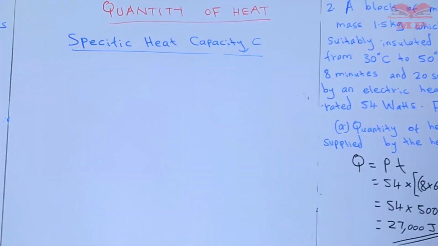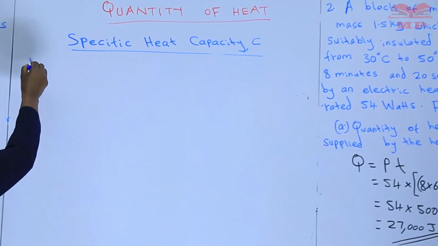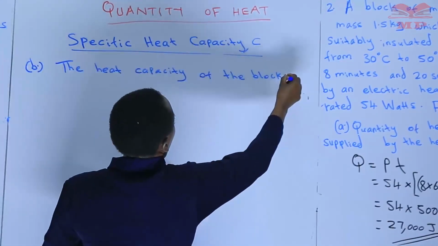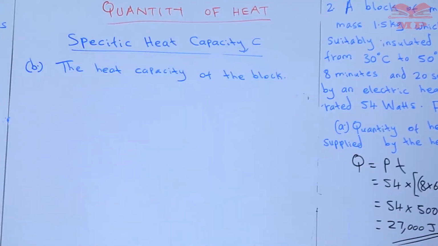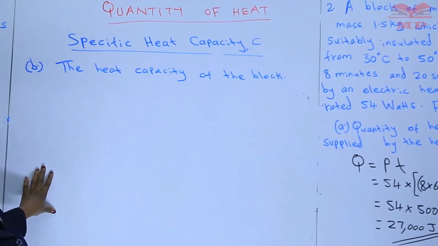So we are told to find B. Part B, we are told to calculate the heat capacity of the block. Remember, the block is being heated using a heater. So a block of metal of mass 1.5 is suitably insulated and it is being heated.